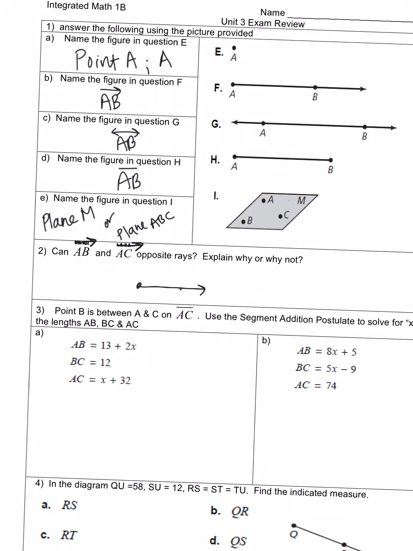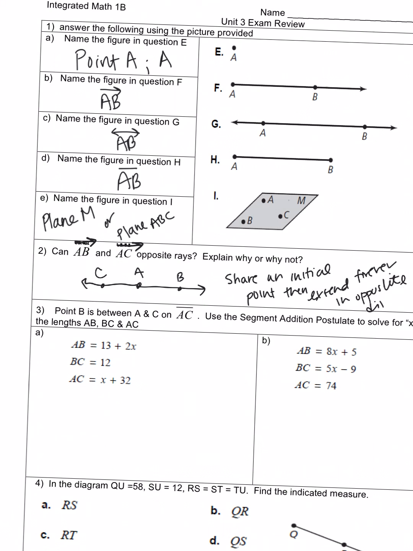A through B and A through C, sure enough, can be opposite rays because opposite rays need to share an initial point, then extend forever in opposite directions. So yeah, this would definitely work. Since we don't have too much more information, I think so.